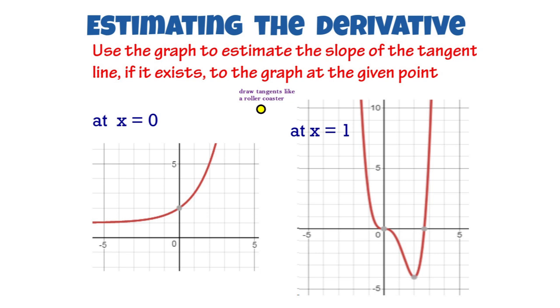All right, so now what I have to do is I have to find a couple points that look like they would cross nicely on my grid, and I think I got a couple good ones. The one that they gave me was this one right here. I'll go ahead and use it. And then I'm also going to use, I think, like this one, and then I'm going to use this one out here. That looks like a pretty good one. And I just find those 2 points, count my rise over my run.